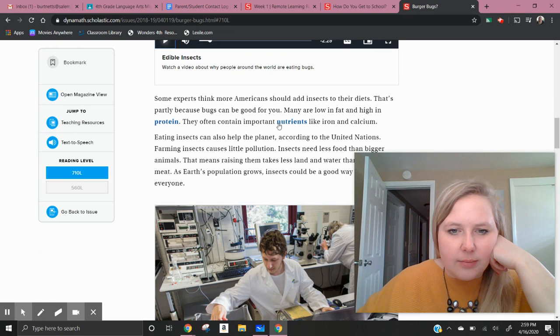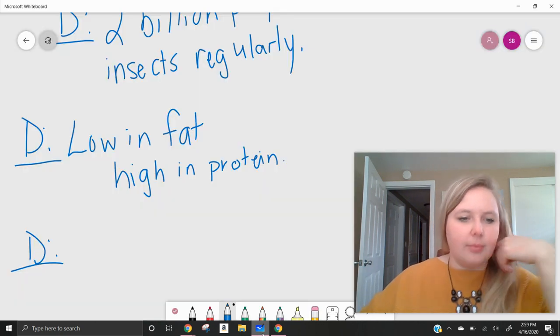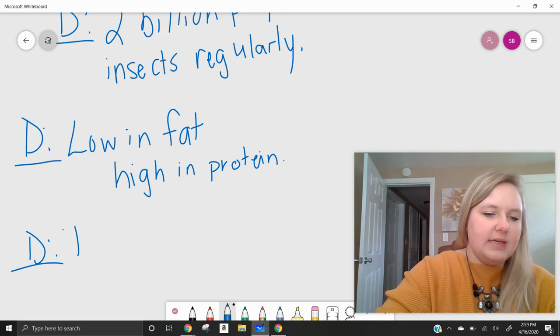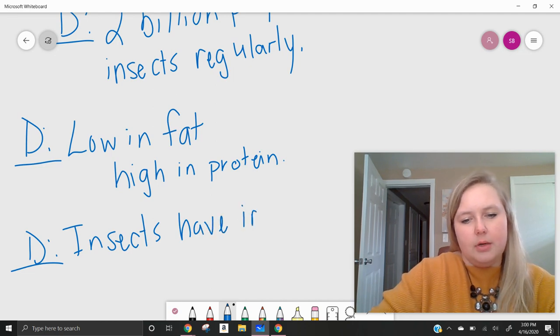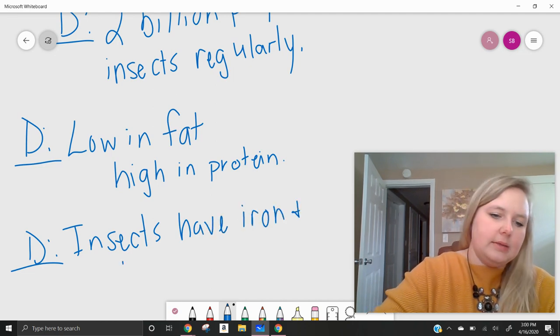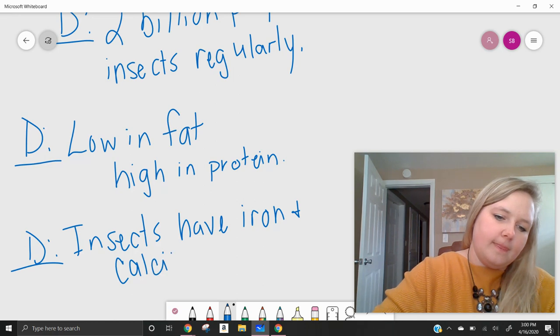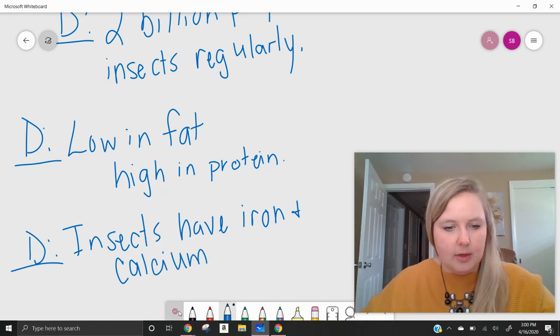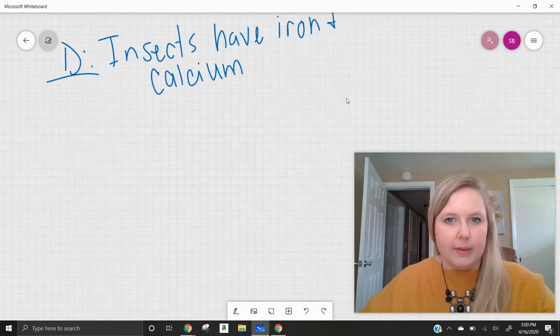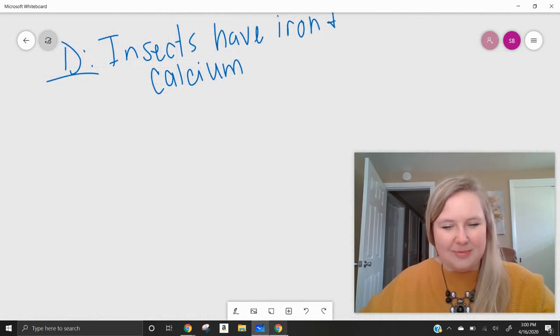They often contain important nutrients like iron and calcium. So I'm going to put insects have iron and calcium, which is something that you need to help you grow big and strong. I'm sure your parents have said that to you before.